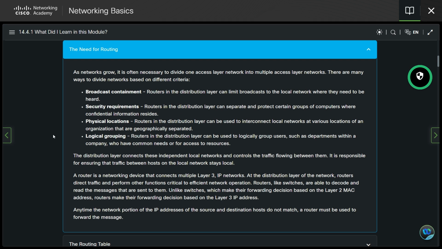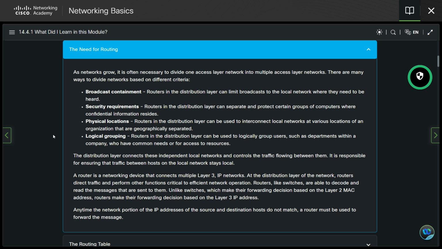The next point is security requirements. Routers in the distribution layer can separate and protect certain groups of computers where confidential information resides. The next important point is physical location.